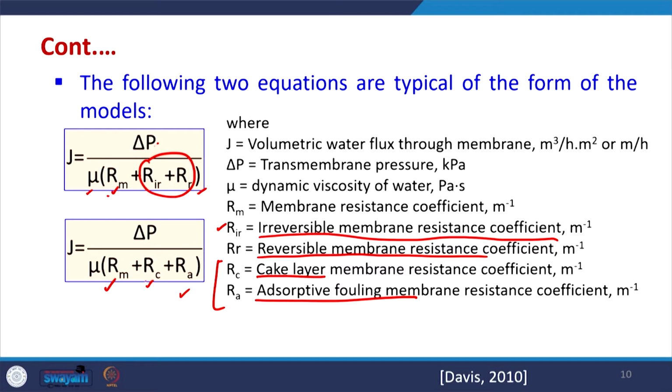One is because of the cake layer deposited on the surface of the membrane, and the other is because some adsorption may have occurred inside the pores also, because of which the size of the pores may have decreased. Through these two equations we can define the flux, or take care of the fouling in the flux equation. Both of these are possible ways.